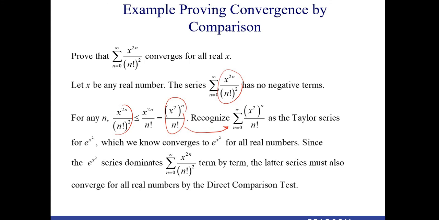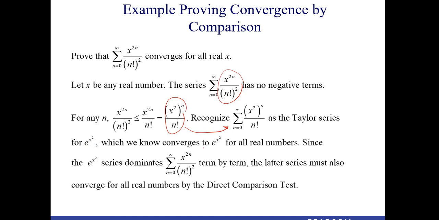Okay, so in our case, we found a function where we have proven that it is smaller than another known function, since ours is squared in the bottom and the other one is not. Ours is smaller.